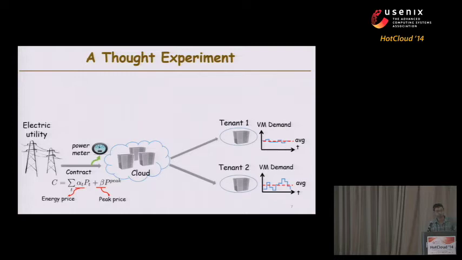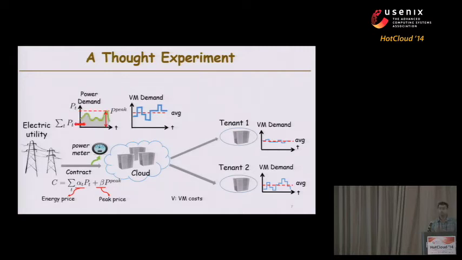Tenant 1 has a relatively steady demand over the month, but the second tenant has a higher peak. The power demand posed by the cloud as a whole on the electric utility is obviously going to be the summation of these VM demands, shown by this figure here.